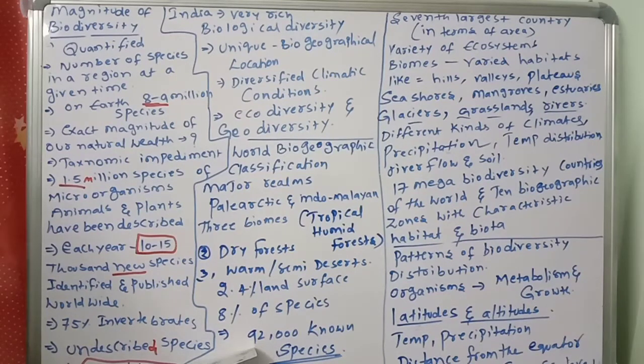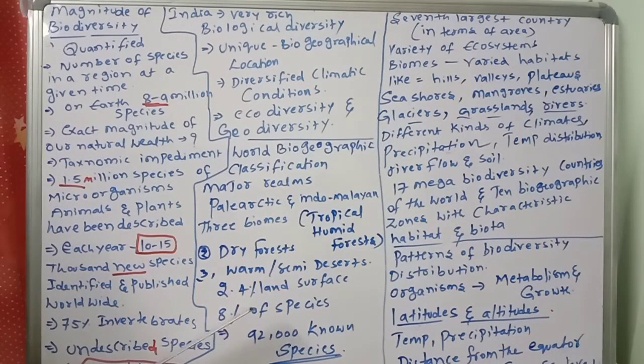That accounts for about 92,000 known species in India. Even though India has very little land on Earth, it has 8% of species, meaning 92,000 known species.